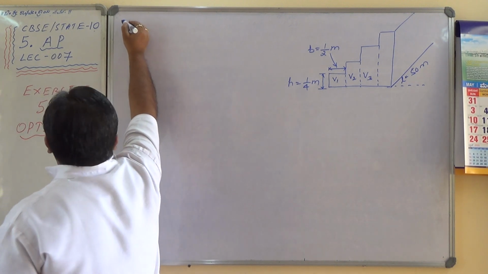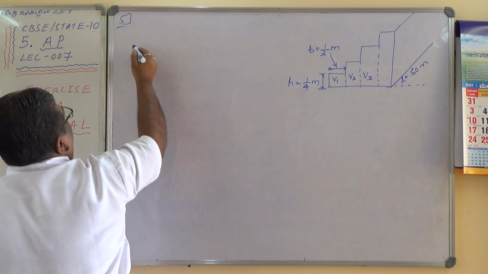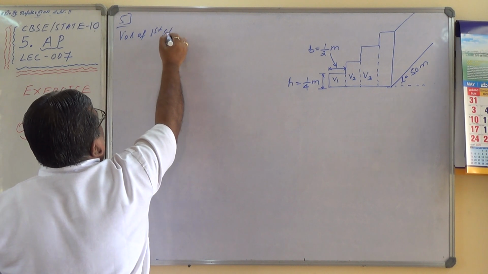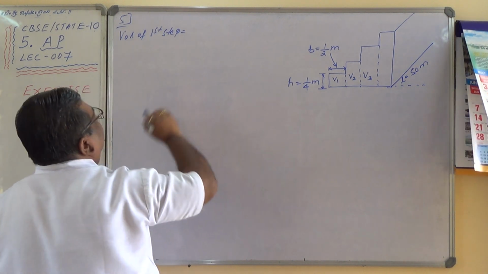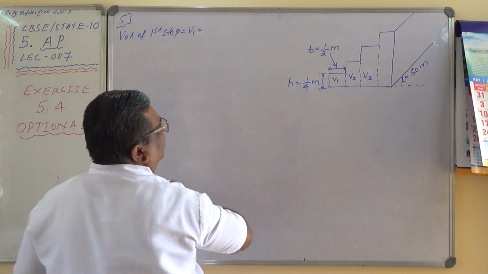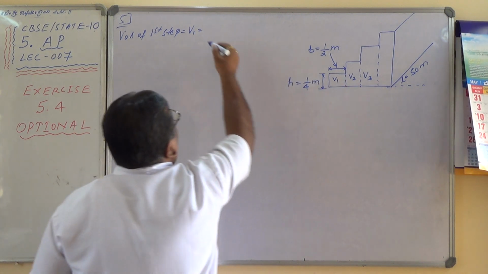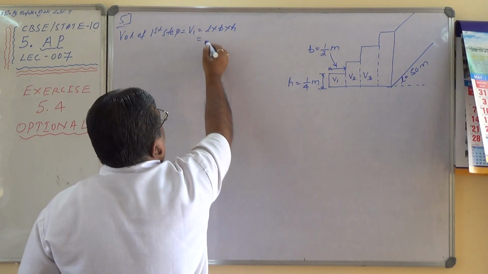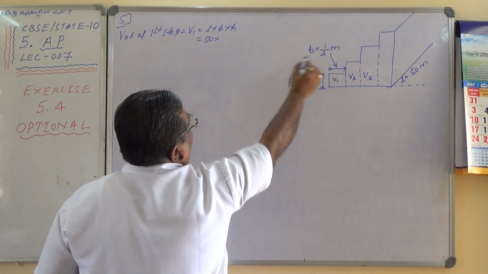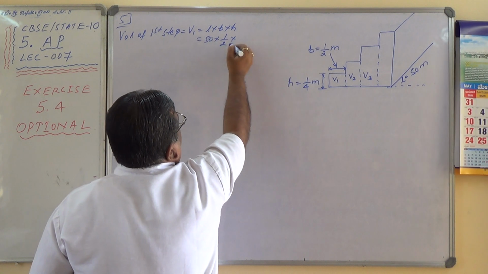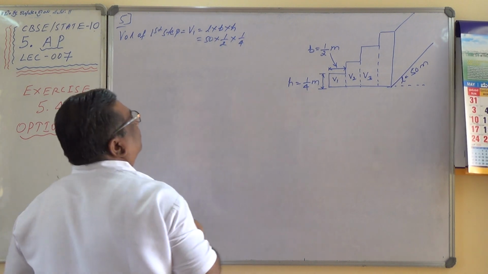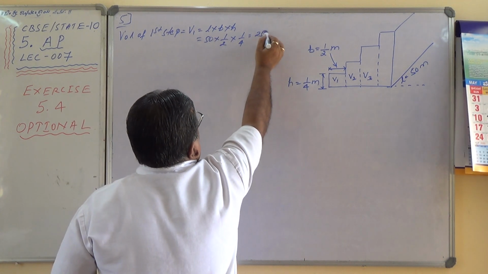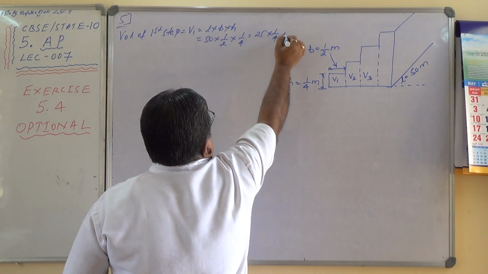Volume of first step, V1, equals length into breadth into height, which is 50 into 1/2 meter into 1/4 meter. Is it clear? Which is 25 into 1/4 cubic meter.